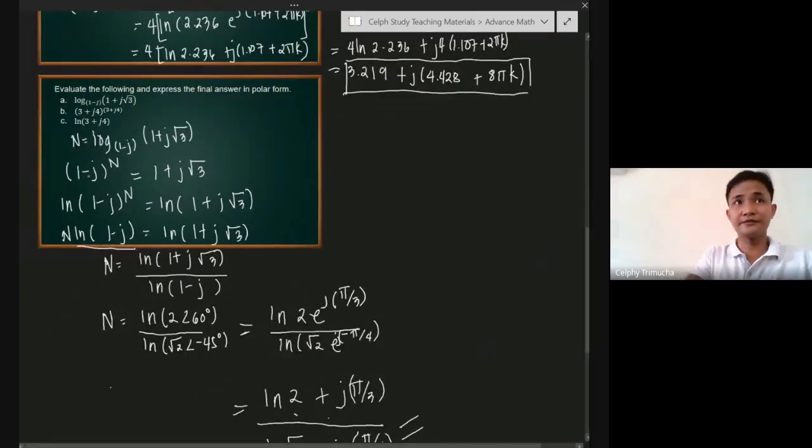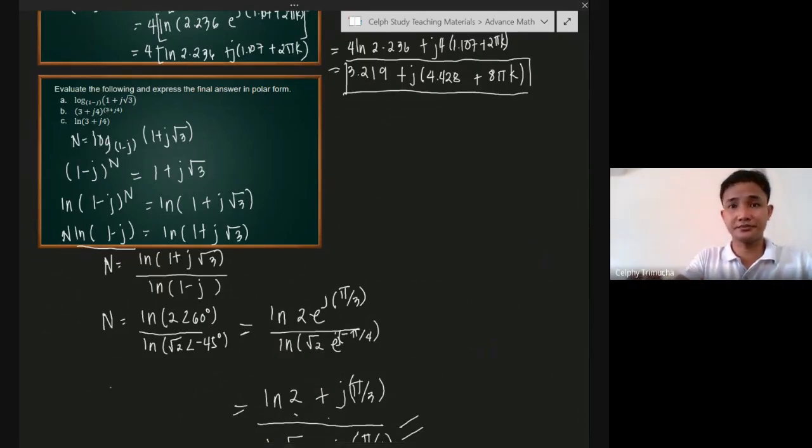Okay, we have evaluate the following and express the final answers in polar form. May try lang ko. So we have J1.